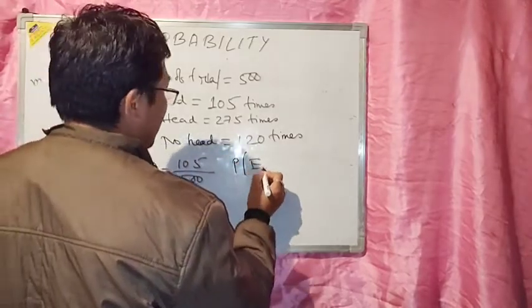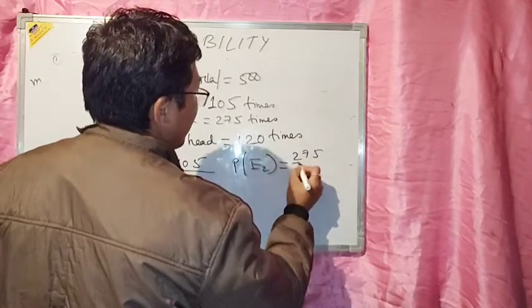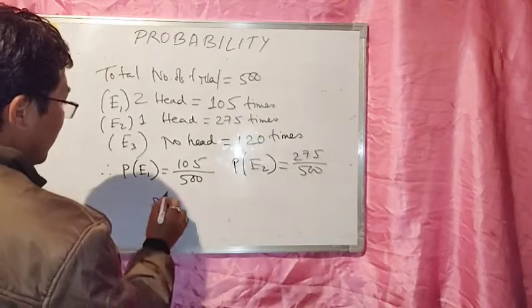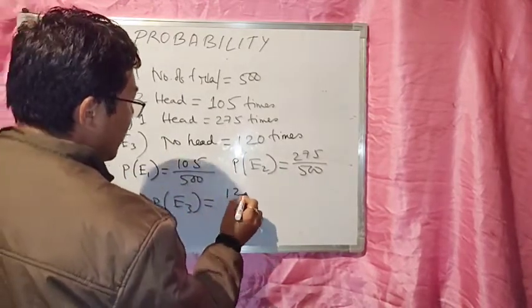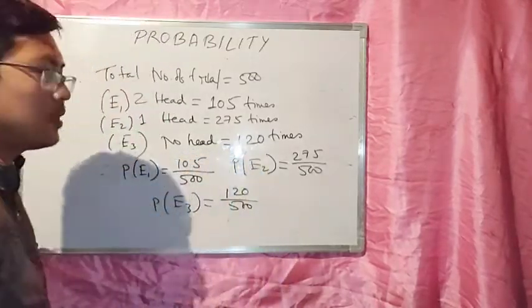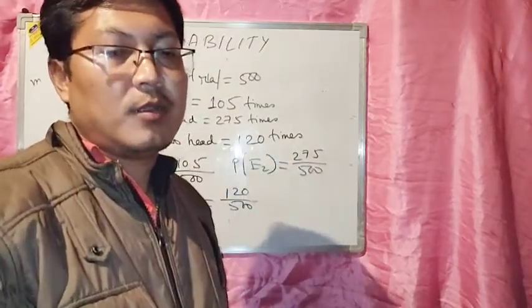Probability of occurring 1 head is 275 over 500. Probability of no head is 120 over 500. Is it okay? Clear? This will be the answer.